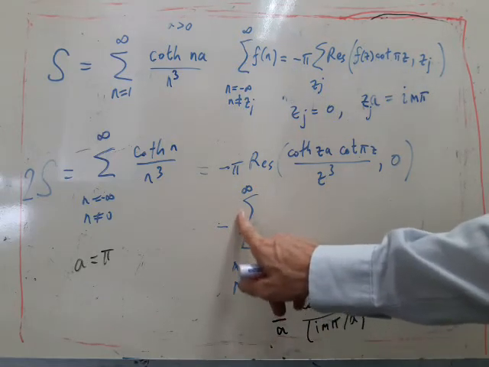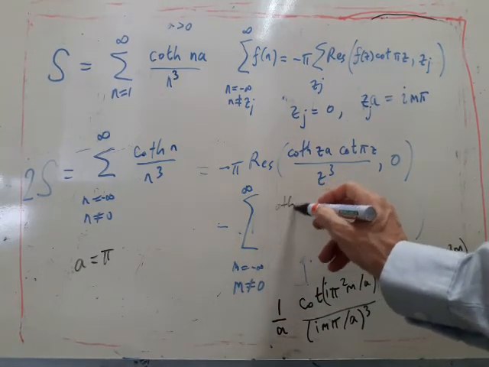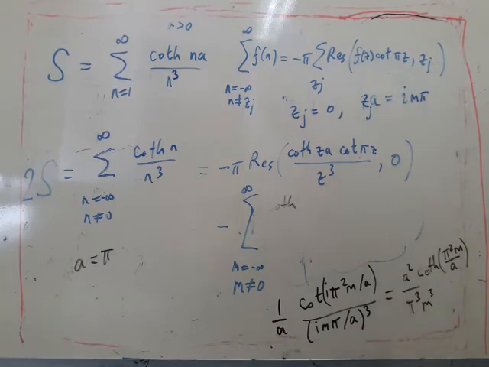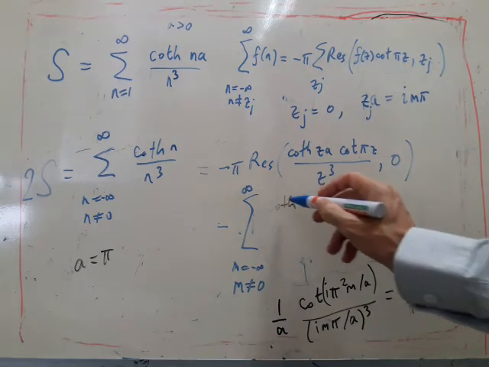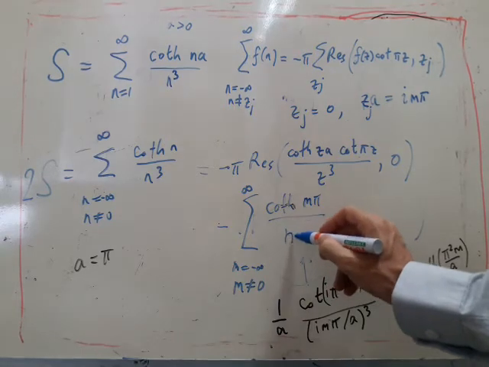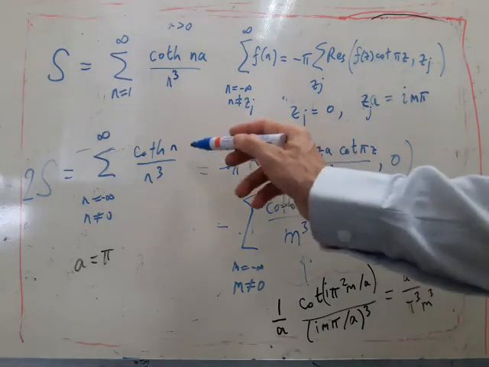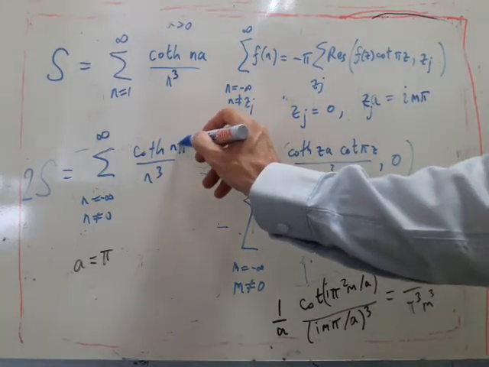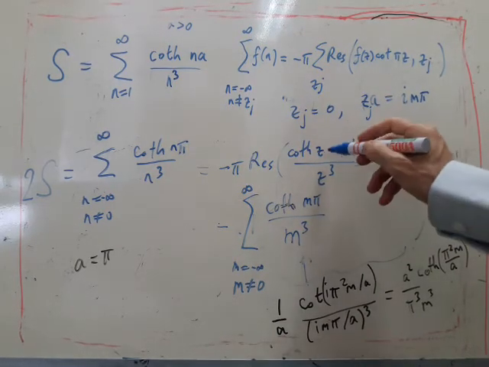So all this goes, and we just end up with coth of m pi over m cubed. So this thing here, sorry, I'm going to change this to a pi now. So this thing here now gets changed to a pi as well.